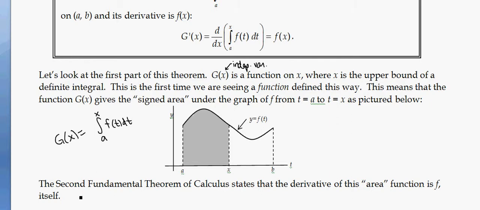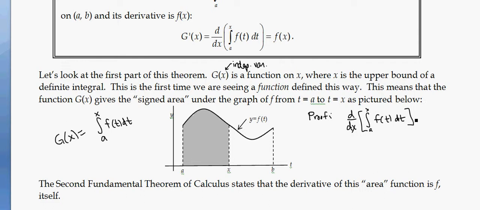And basically, what the second fundamental theorem of calculus is saying is that the derivative of this area function is little f itself. Okay, so let's prove this. This is not so hard to prove, actually, and it uses the first fundamental theorem of calculus. We're going to prove that the derivative of the integral function is equal to f of x.